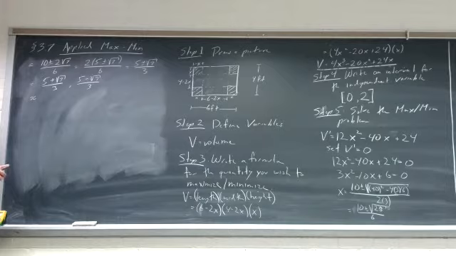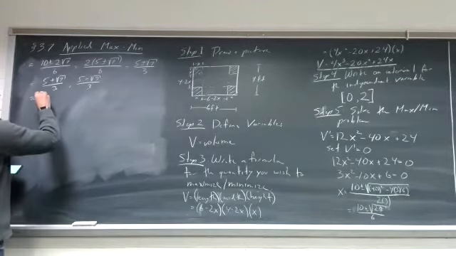Okay, let's see. So 5 plus root 7, divided by 3. I'm getting 2.54. This one's about 2.54. And 5 minus root 7 over 3.